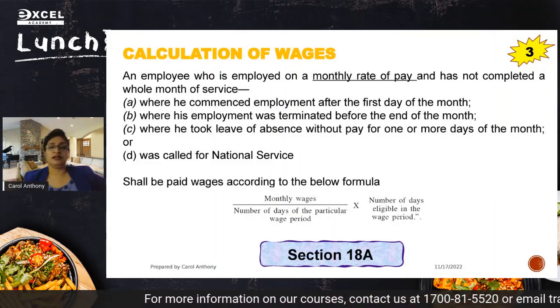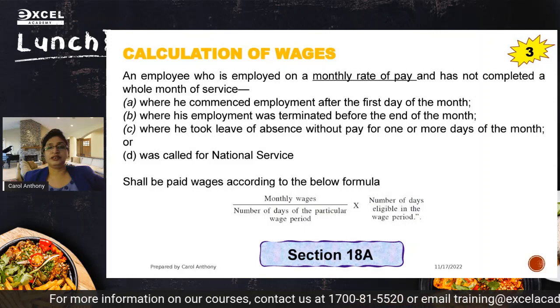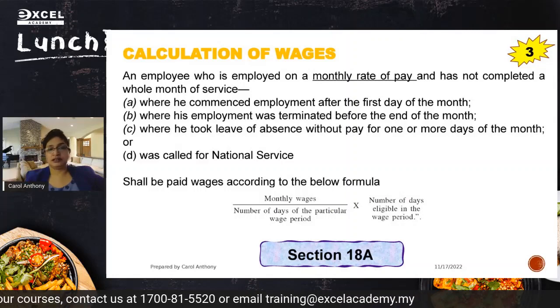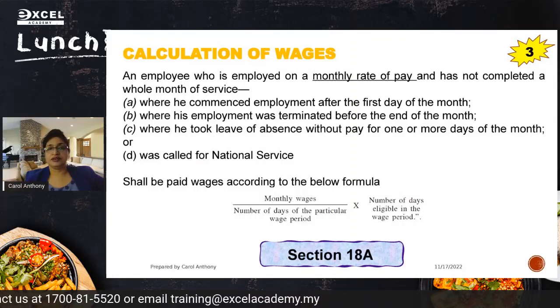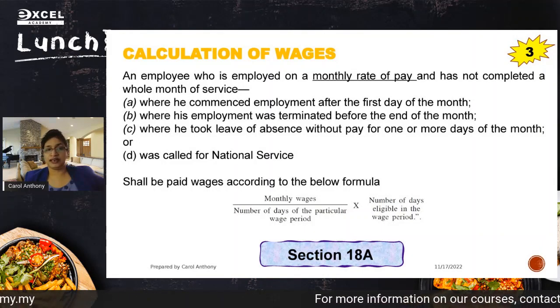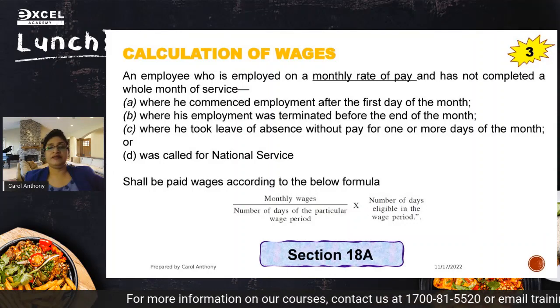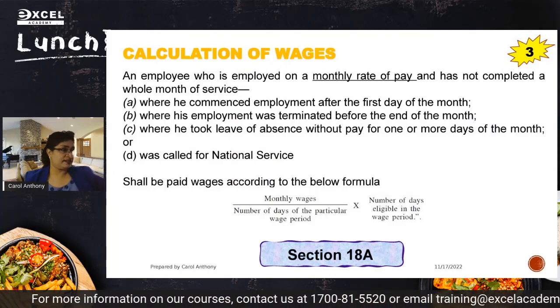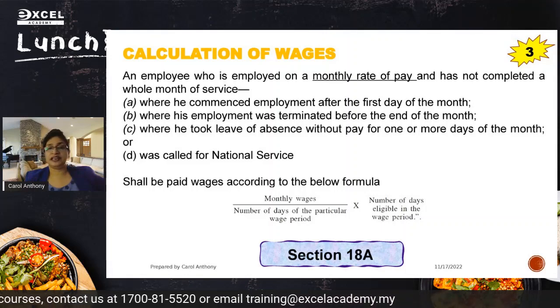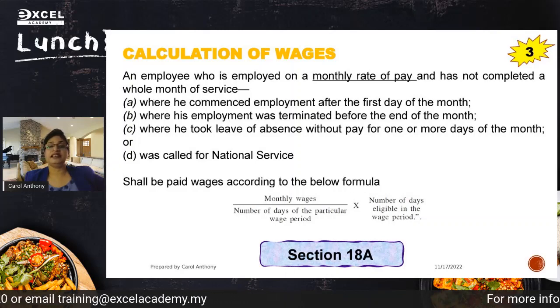For all these scenarios, you need to calculate prorated wages. Now the formula is given. You take the monthly wages, divide by the number of days of the particular wage period. Let's say November, he didn't work a full month. You take his salary, divide by 30 days, because November has 30 days. Then you multiply by the number of days eligible in the wage period, meaning the number of days he has worked.